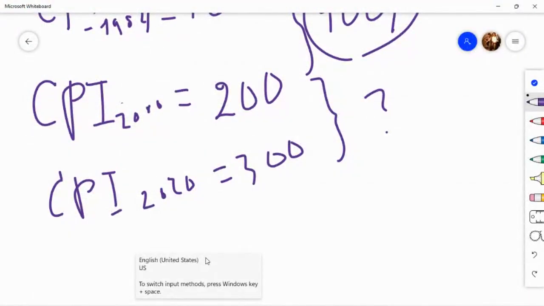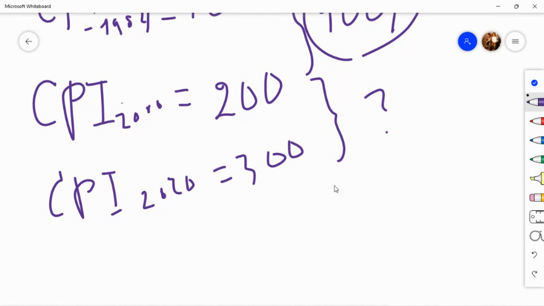The difference is 100, but that doesn't mean, think about it, from 200, if it went to 300, is that 100% growth? Now think carefully. Anyone else? Look, this is very basic math.